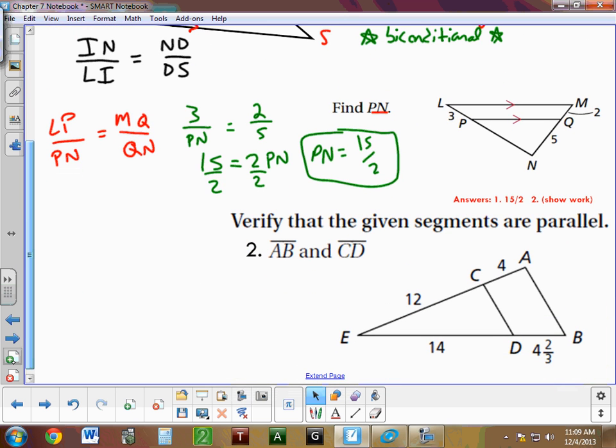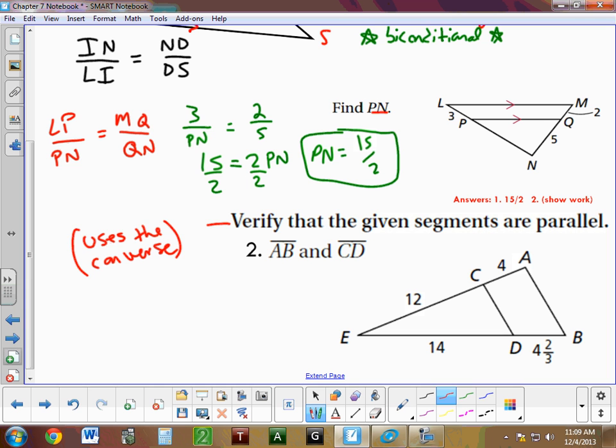So if I look at an example like this one, I can verify that they're parallel, which essentially uses the converse of what we just stated up top. So I can go backwards. If I can show that these are proportional, then I'll know that the lines are parallel. So basically, if proportional, I can show that the lines are parallel.